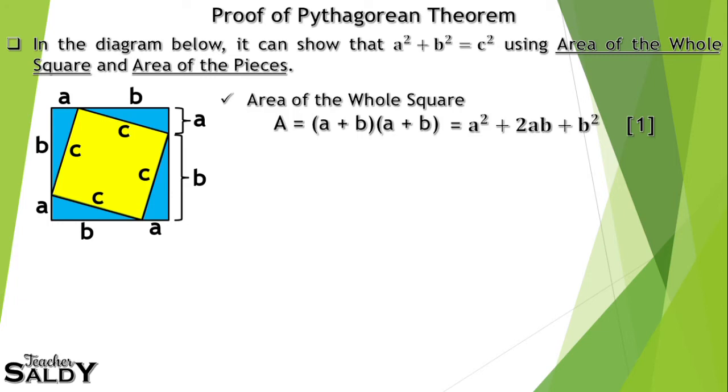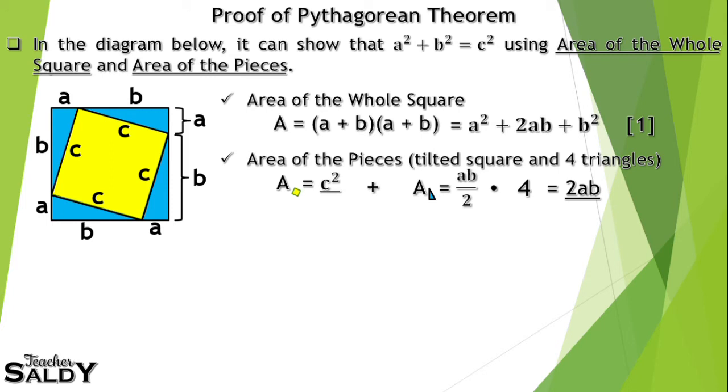Area is equal to A plus B raised to 2, or A plus B times A plus B. Expanding this term, we get A squared plus AB plus AB plus B squared. That's why we have 2AB. That's equation number 1.